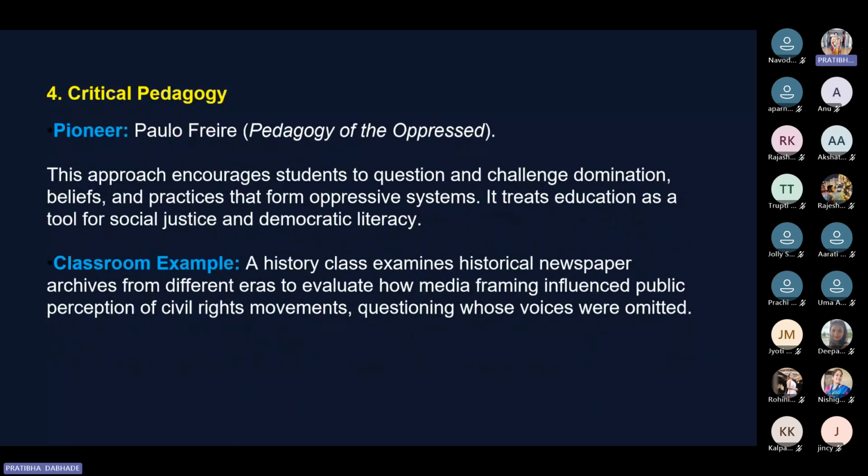Then critical pedagogy, the pioneer is Paulo Freire. See, do you know what the meaning of critical is? We know the words critical thinking, creative thinking. What is the meaning of critical thinking?